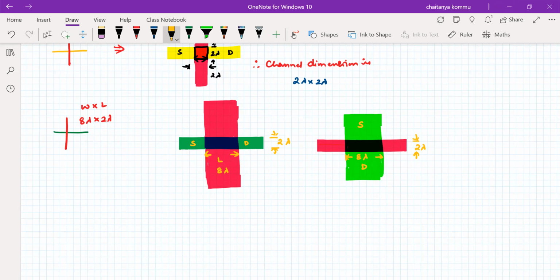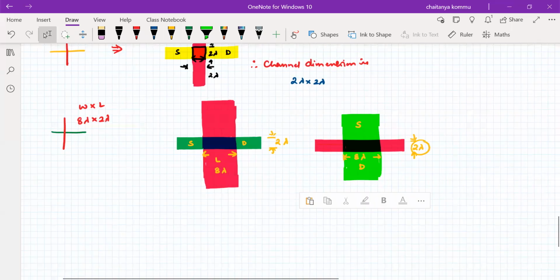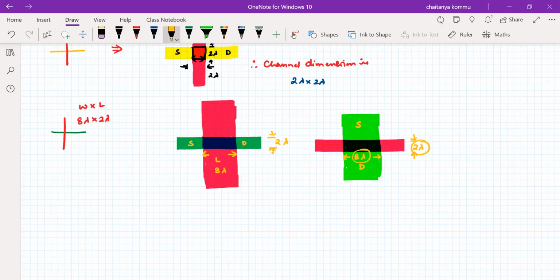But the N diffusion, P diffusion is something like this. Therefore, what is the length of this one? 2 lambda we have maintained. What is the width of this one? Defined by the P diffusion. Therefore, it's 8 lambda. So that's how we have to change this one. According to that, we can change the dimensions of either the diffusion or the polysilicon.